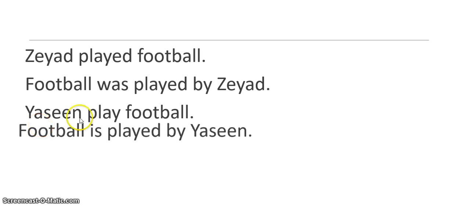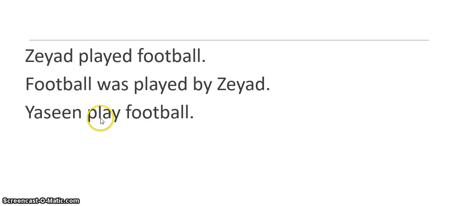Now see this example. Yasin plays football. It was past simple tense before, but this sentence is present simple. How will we change this one? Football must come at the beginning. If it was the past, we used was played.